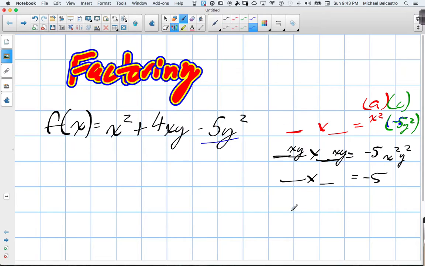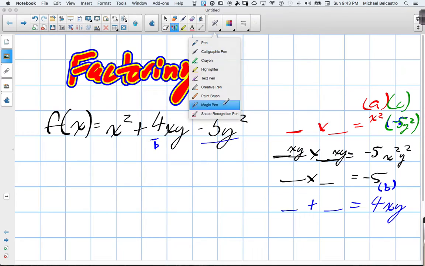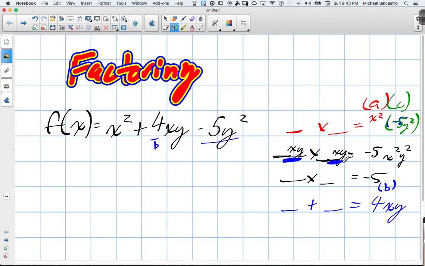The same two numbers also have to add to our b term. And again, the b term is usually the coefficient in the middle here, so that's our b term, which is 4, but technically there's an x and a y attached to them. And that's where this becomes important, right? That x and the y's, because we actually need to add to what those variables are.